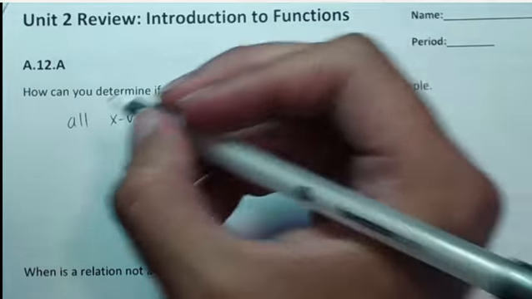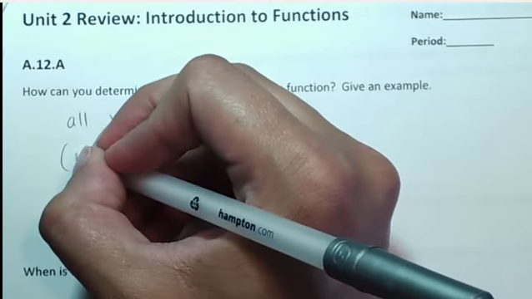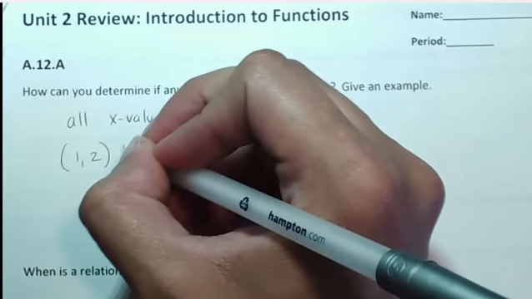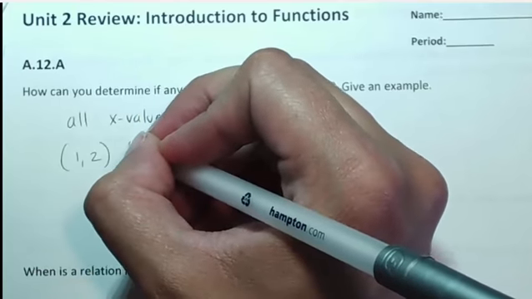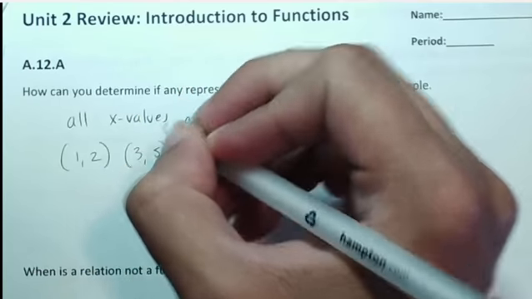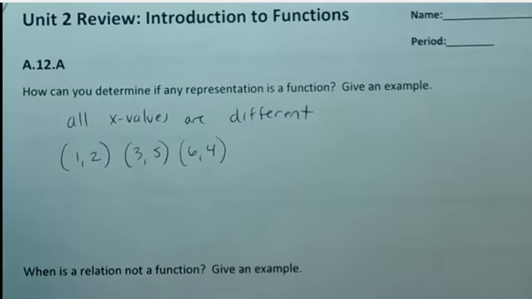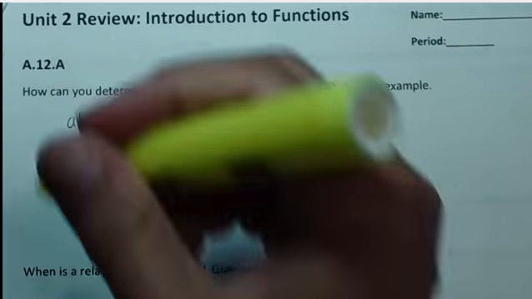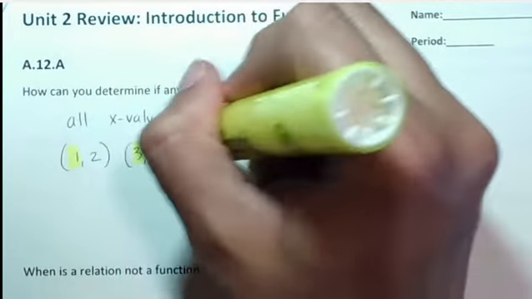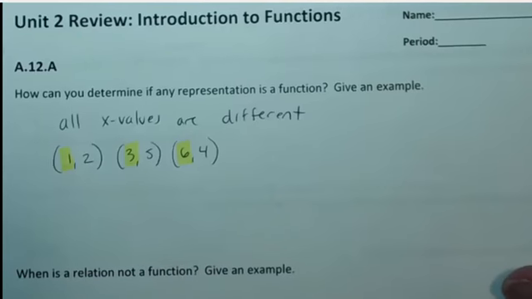Let's do ordered pairs first. So it's (1, 2), we'll do (3, 5), and we'll do (6, 4). That would be considered a function because all the x values are different. And you would go on to show a table, mapping diagram, and a graph.